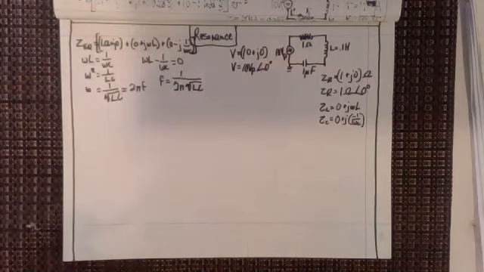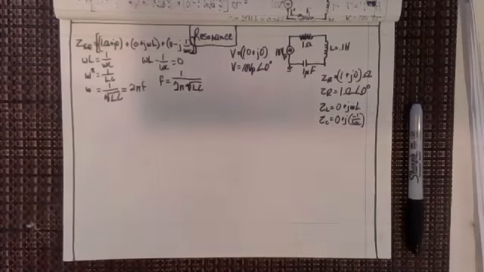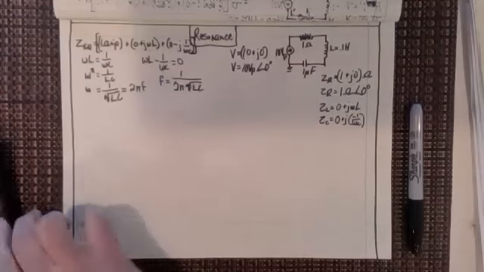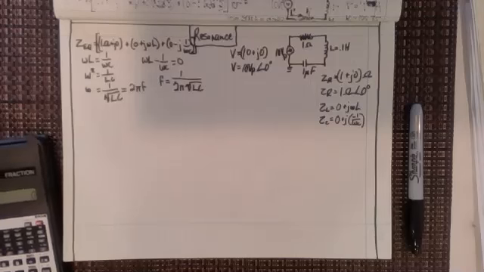And let's just do that calculation as soon as I get my calculator. So let's do that calculation together. 1 over 2 pi times the square root of LC.